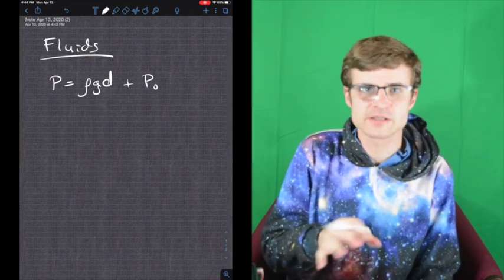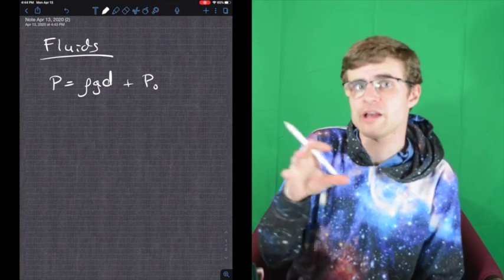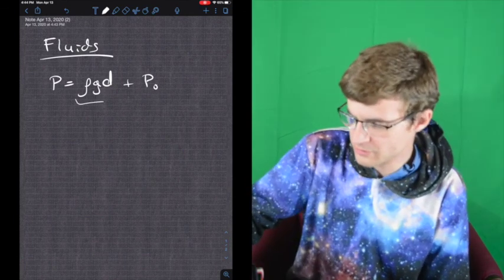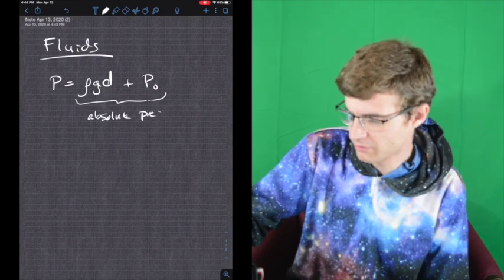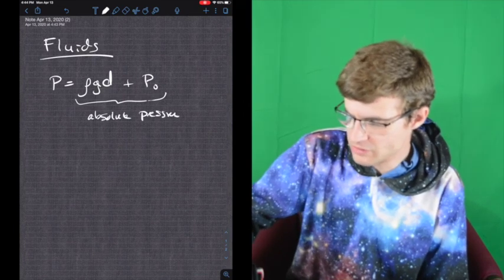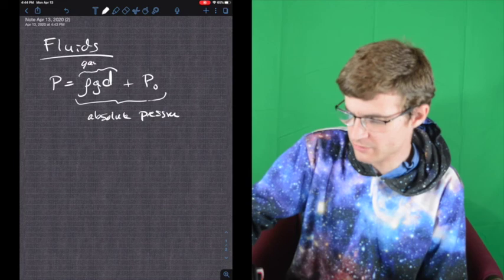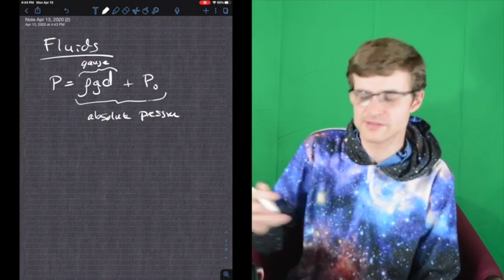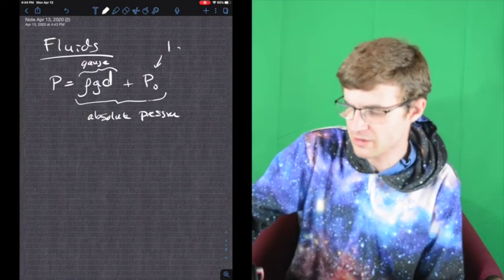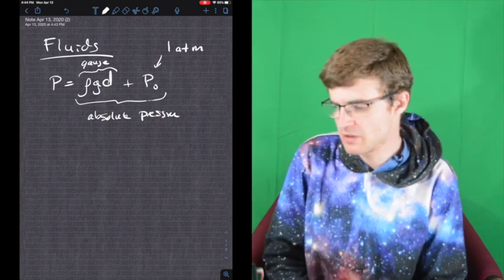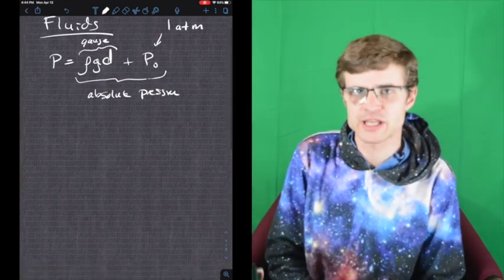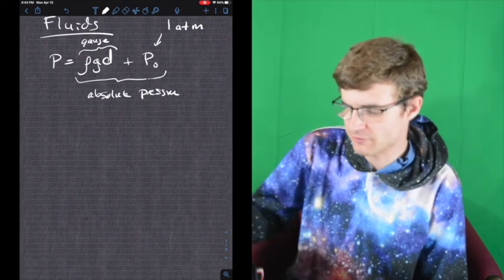This equation highlights the difference between gauge pressure and absolute pressure. Absolute pressure is this whole thing. Gauge pressure is just this first term, whatever the pressure is minus the atmosphere. And remember that P naught, for all the problems we work in physics, is 1 atmosphere. So take care of pressure increasing with depth in a fluid.